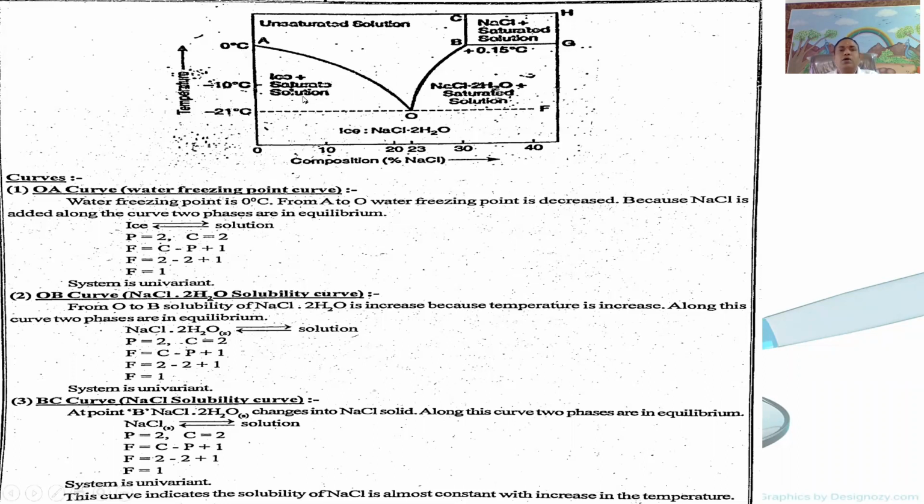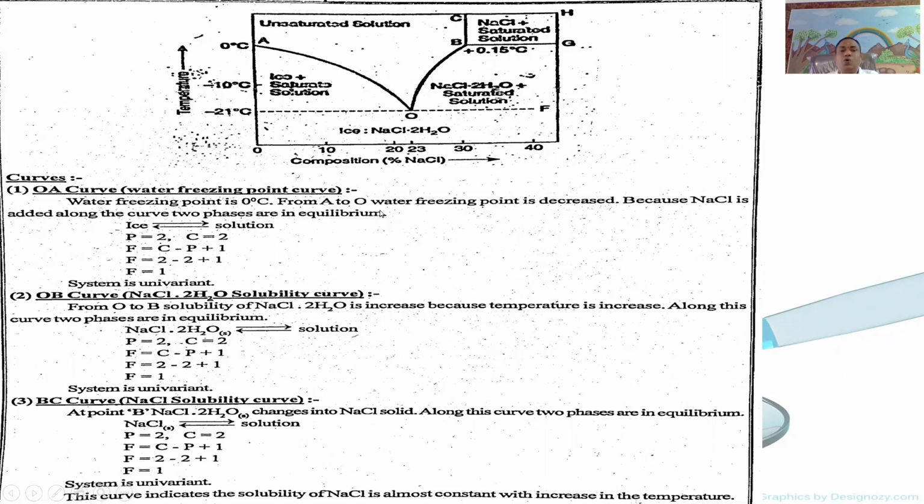Here in the phase diagram, there are curves OA and OB. OA curve is the water freezing point curve. Then OB curve is the saturated solution curve, the solubility curve. First, OA curve, the water freezing point curve. Water freezing point is 0 degrees centigrade.